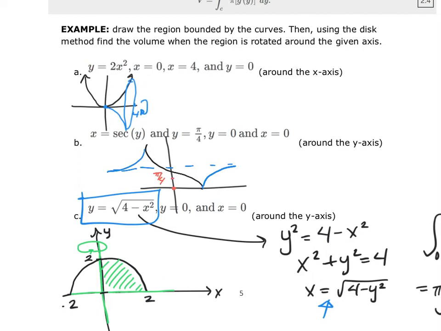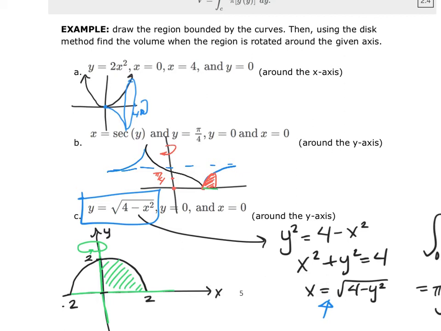Okay, so the shape I'm going to use is this shape right here, and it also has the restriction at y equals 0. So this is the shape right here, just a little small piece, and it's going to be revolving around the y-axis.